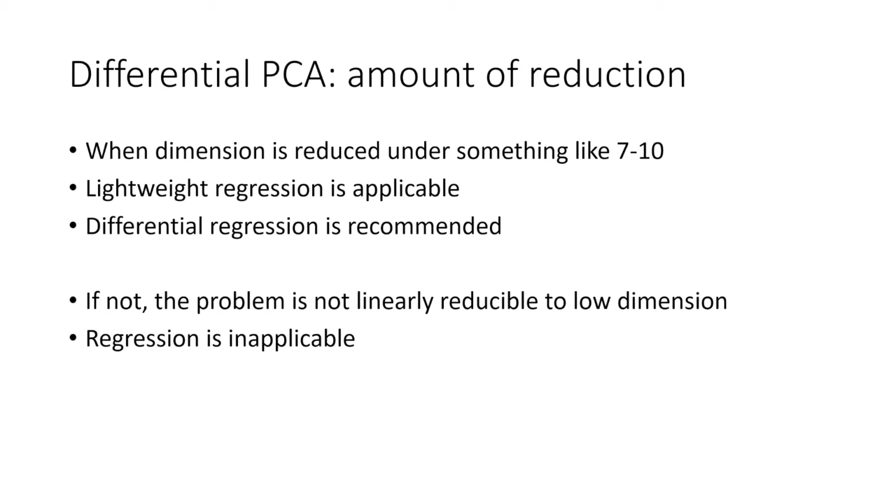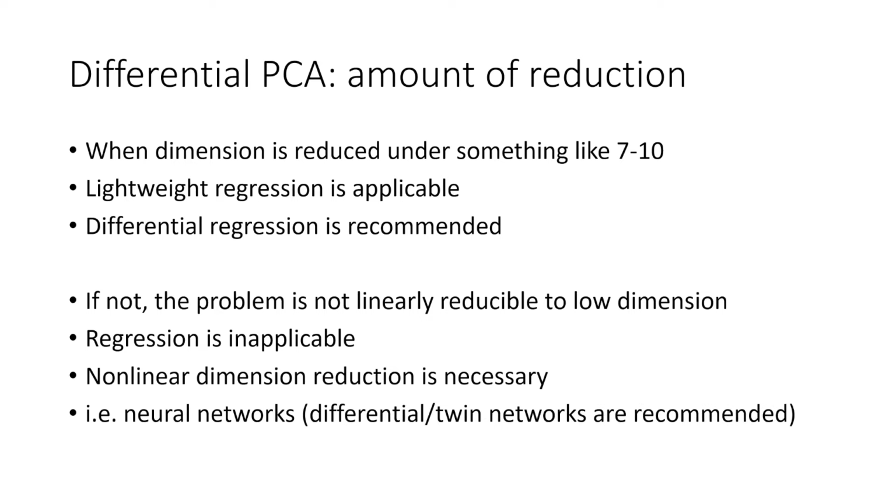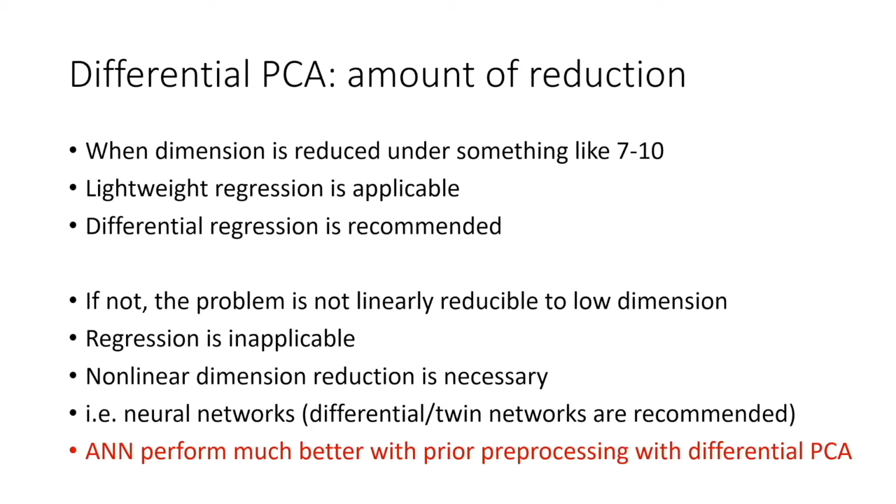You need nonlinear dimension reduction, that is neural networks, or ideally the differential networks. One key comment is that differential PCA is very helpful nonetheless, because neural networks are trained much faster and in a much more stable manner in lower dimension. Therefore, differential PCA is useful in all situations as a pre-processing step.